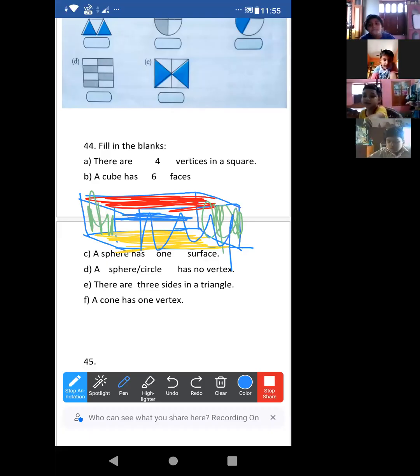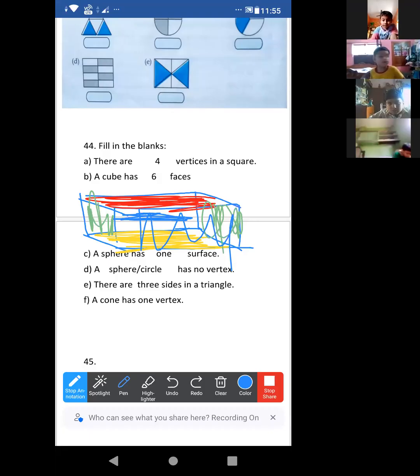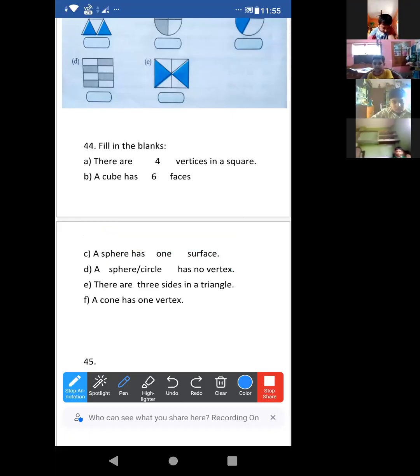Four walls, and also the roof above the head and also the floor where you stand. So six faces are there. Clear? Now just write the answer. A cube has six faces. Write the answer first, A and B.